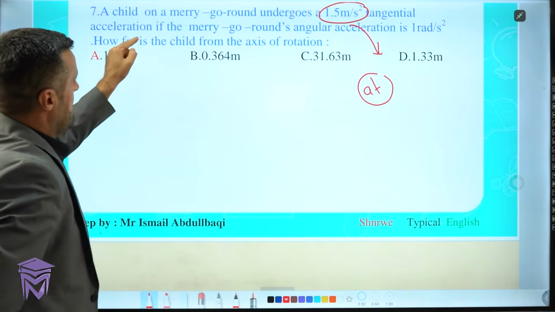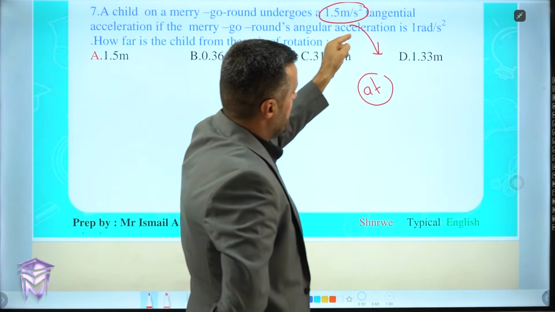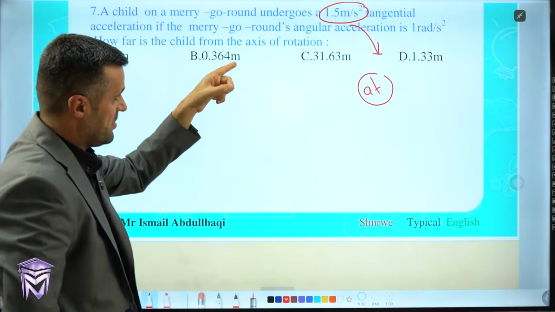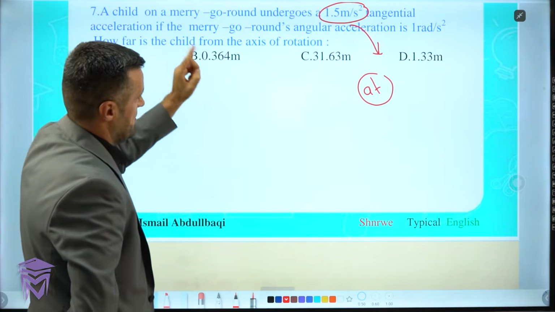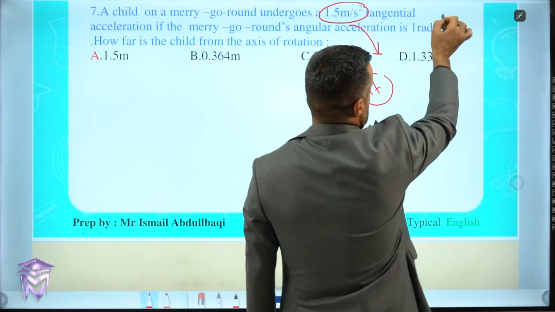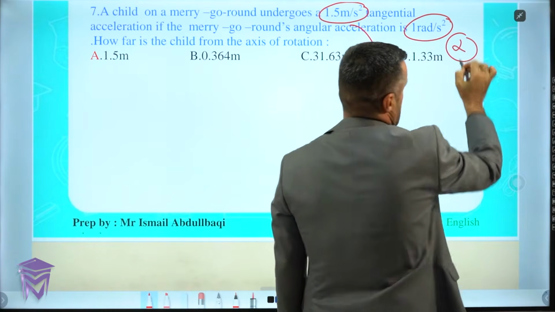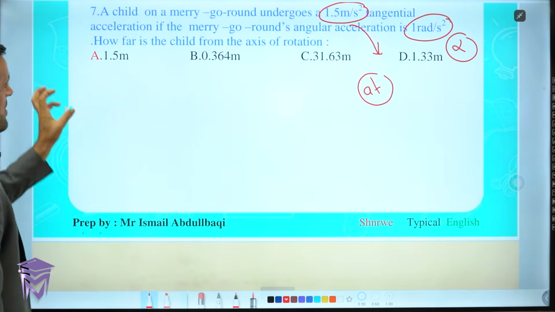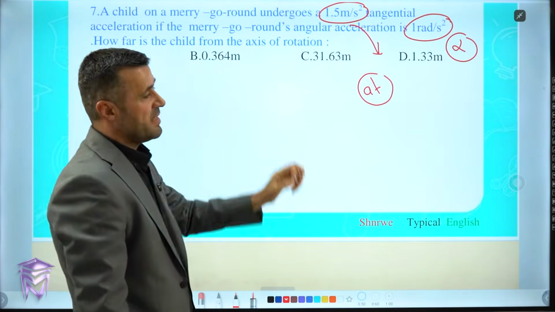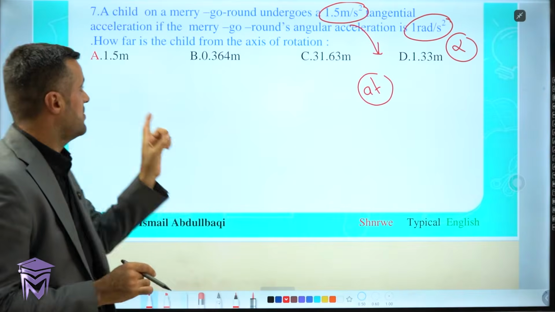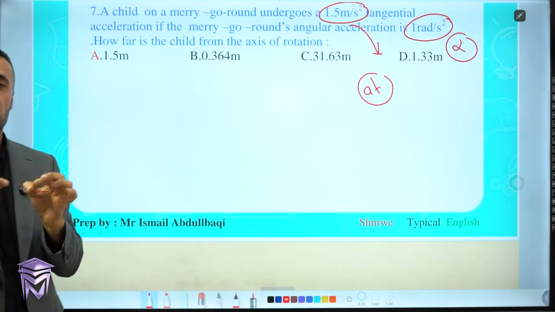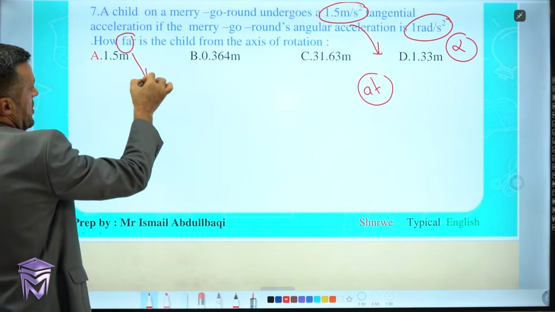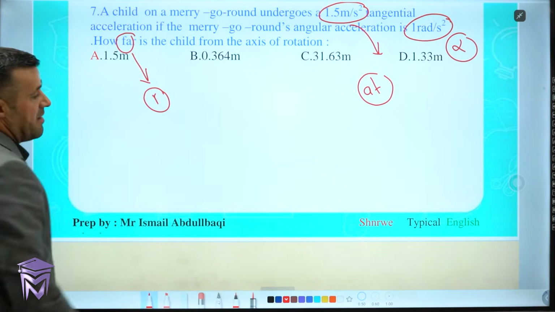If the merry-go-round's angular acceleration is 1 rad per second square, this amount is alpha. Alpha means angular acceleration. How far is the child from the axis of rotation? It means you have to find r.